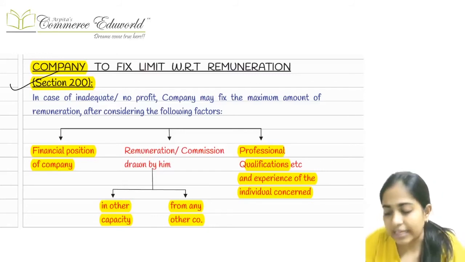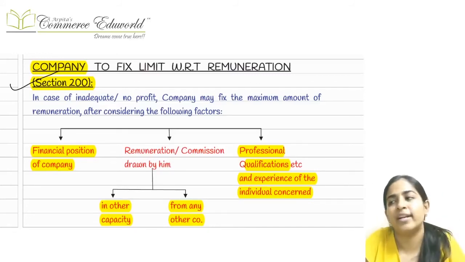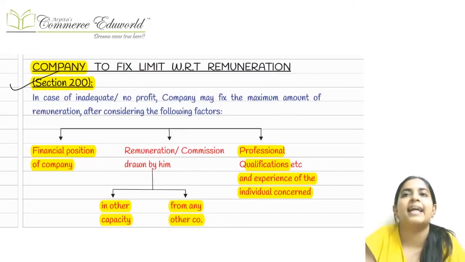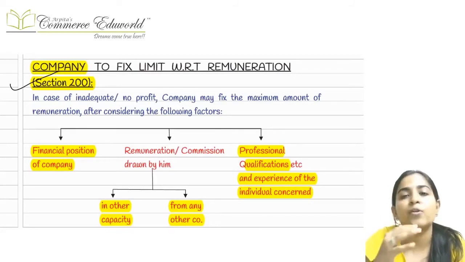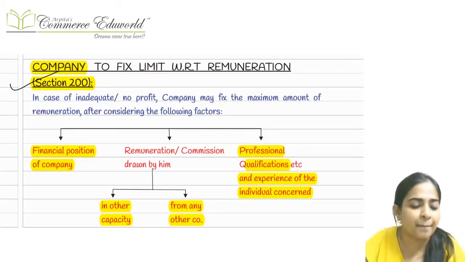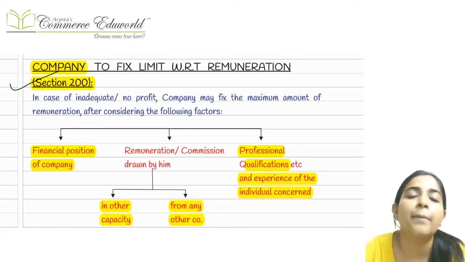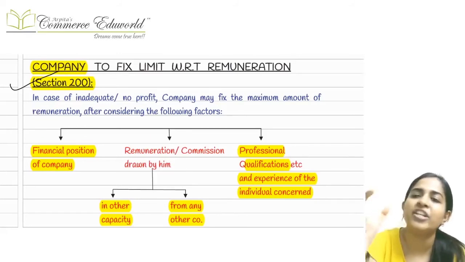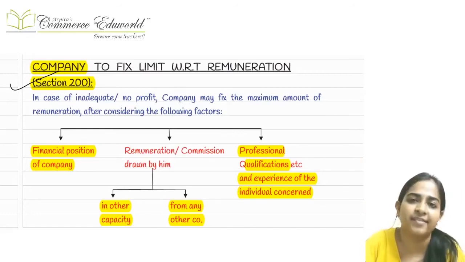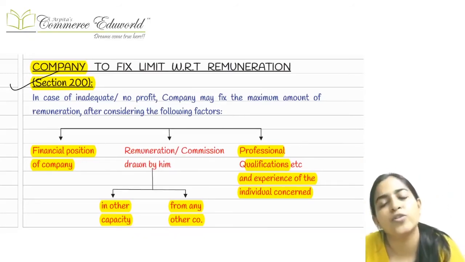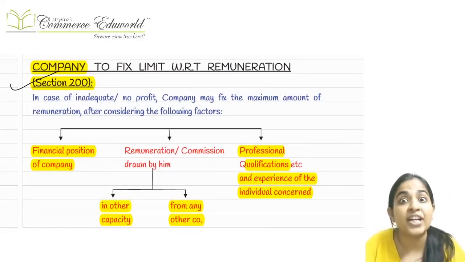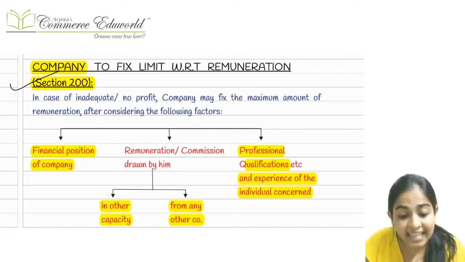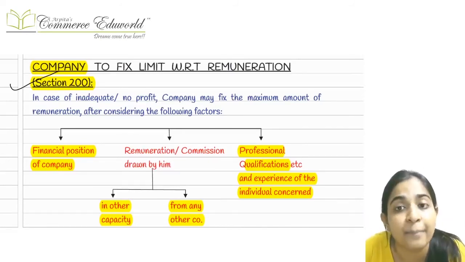Now, next section, section 200. Section 200 is very simple, which says that if the company is not having profits or is having inadequate profits, the company can fix how much remuneration should be paid to so and so person. That depends on the financial position of the company, and on the qualifications and experience of that managerial personnel.